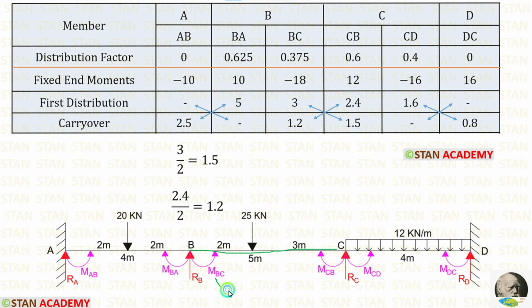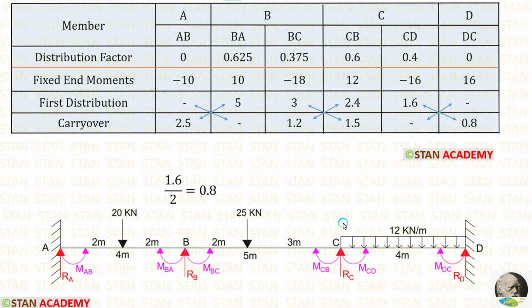From BC, half of the moment will go to CB, and from CB, half of the moment will go to BC. For BC, the distribution is 3. 3 upon 2, we will get 1.5. For CB, the distribution is 2.4. 2.4 upon 2, we will get 1.2.